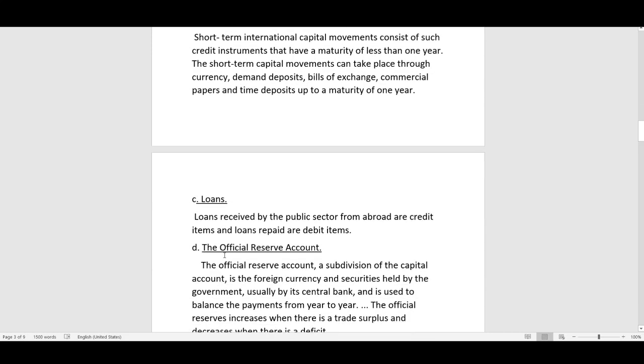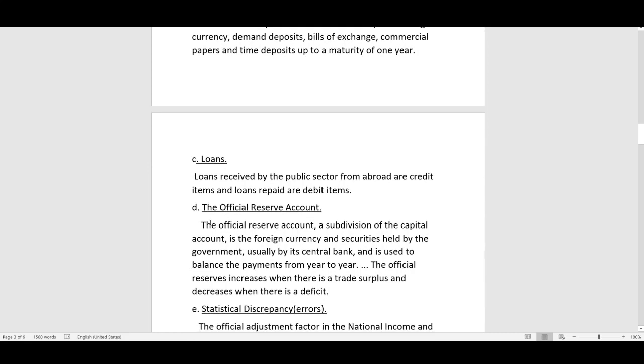Next, loans. Loans received by the public sector from abroad are credit items and loans repaid are debit items. Next, the official reserve account.